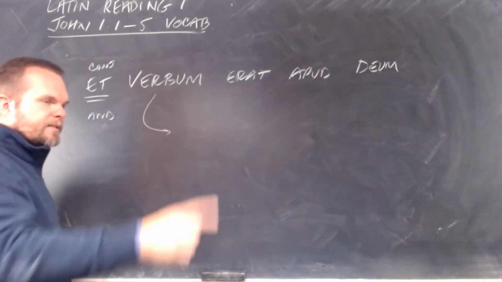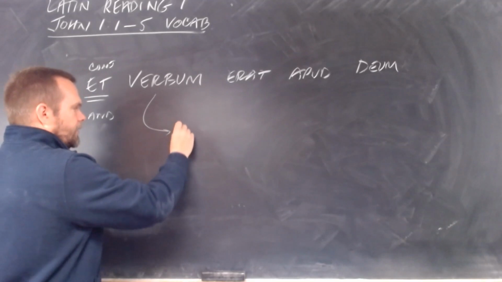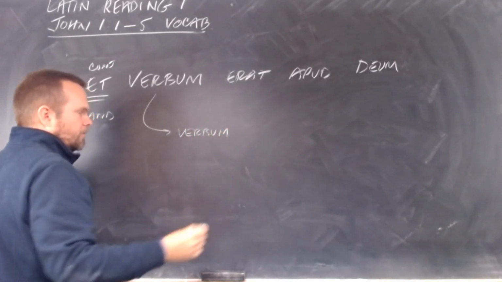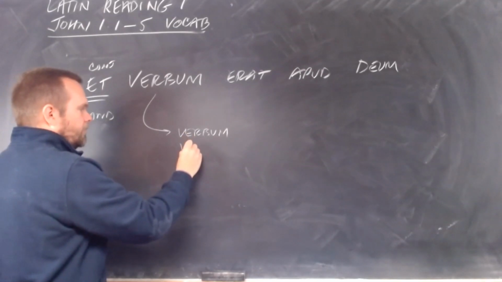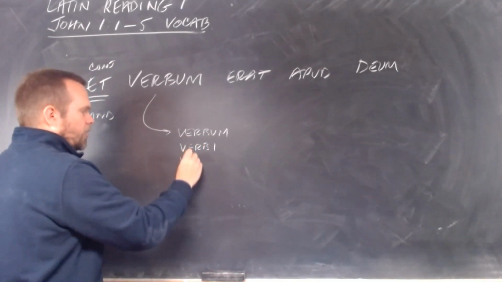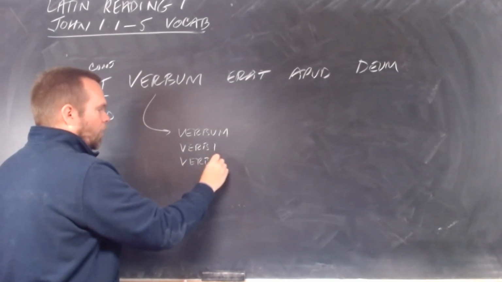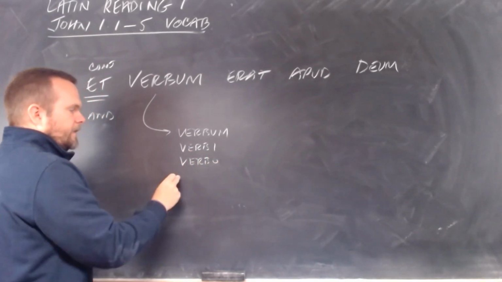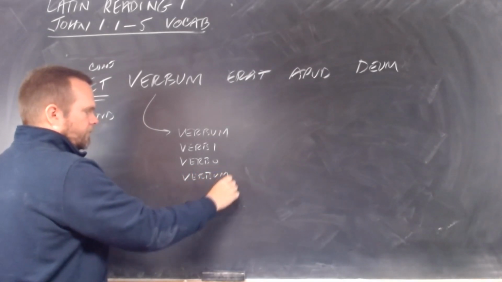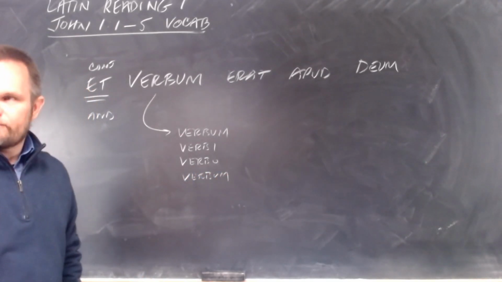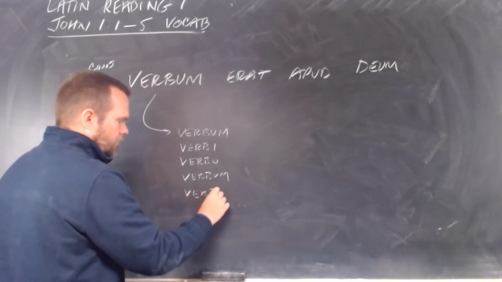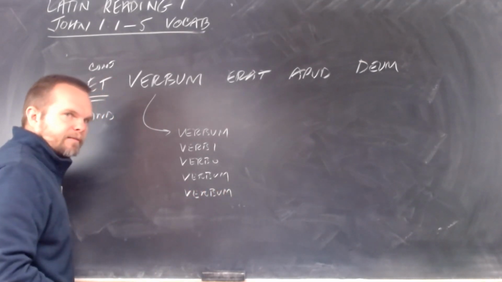If we look at the declension of verbum, the nominative singular form is verbum. The genitive form is verbi. The dative form is verbo. But the accusative form is verbum again. The vocative form is verbum again.